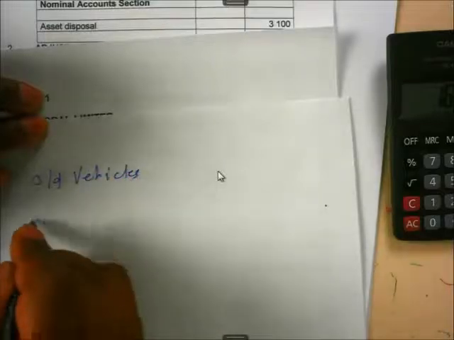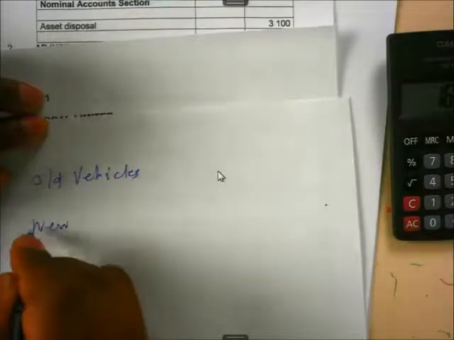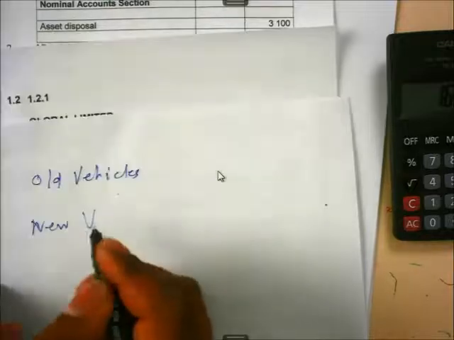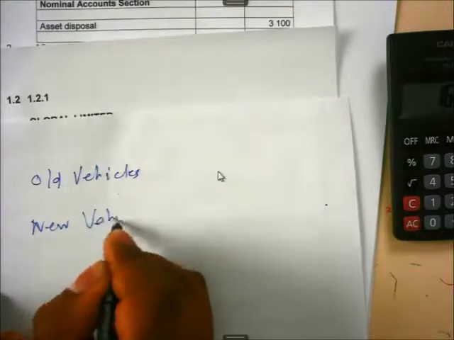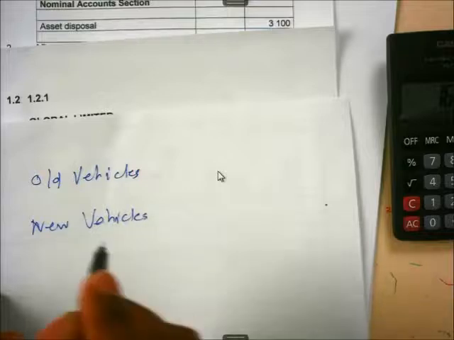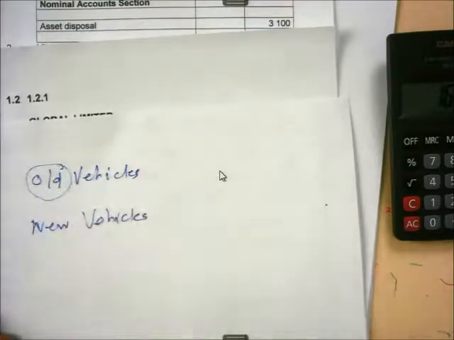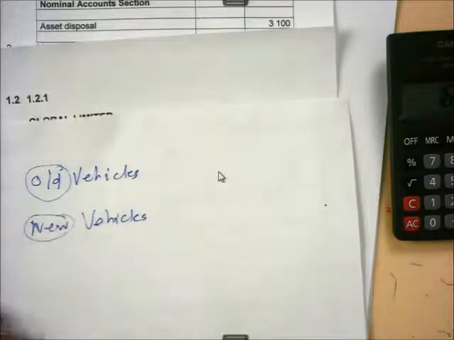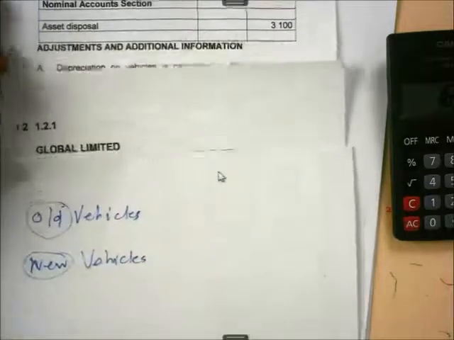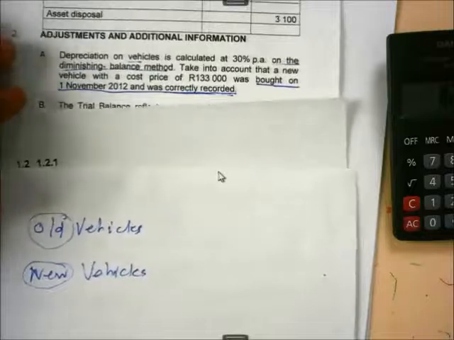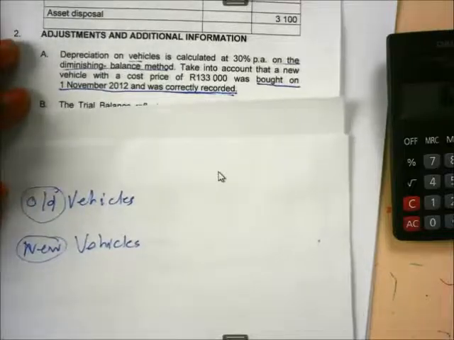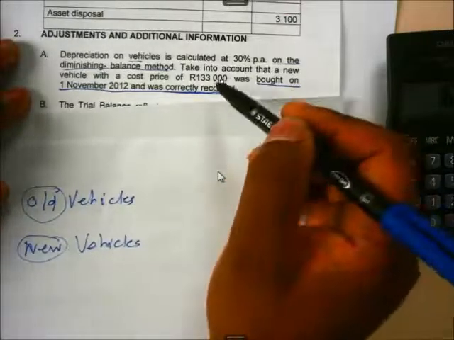Then you calculate on new vehicles. On old and on new. Now, with the new it is very simple because we do not have accumulated depreciation. Therefore, you simply take the cost price.